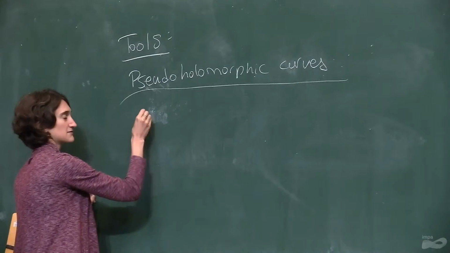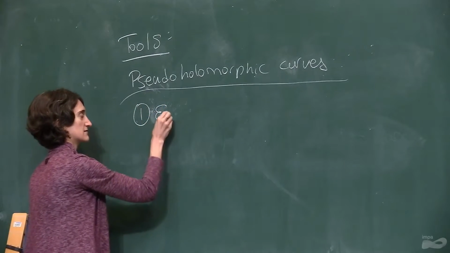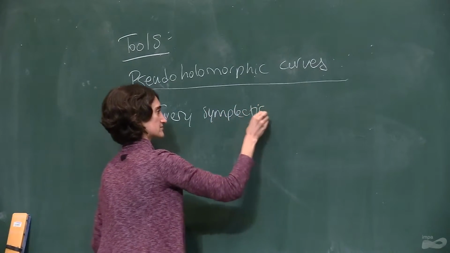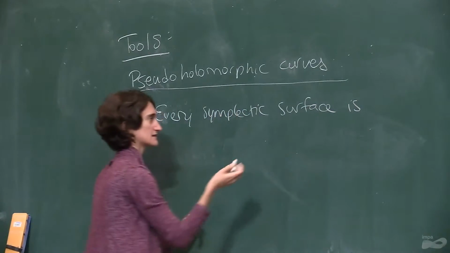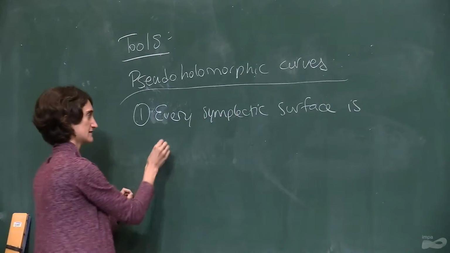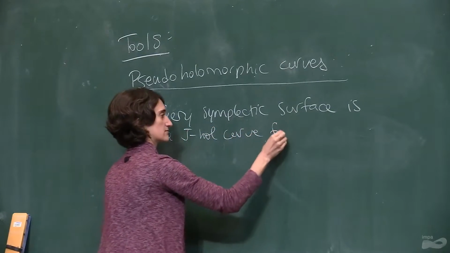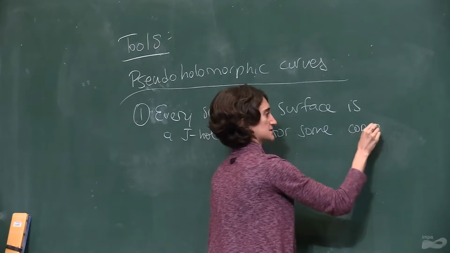So the key ingredients are, first of all, every symplectic surface is a J-holomorphic curve for some J. So for some compatible almost complex structure.